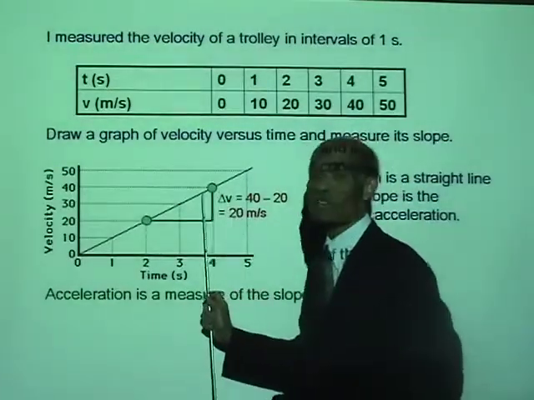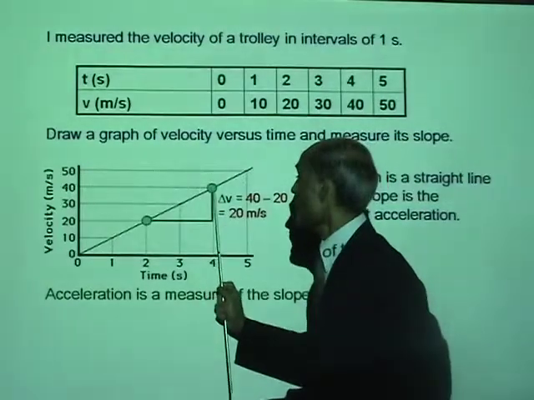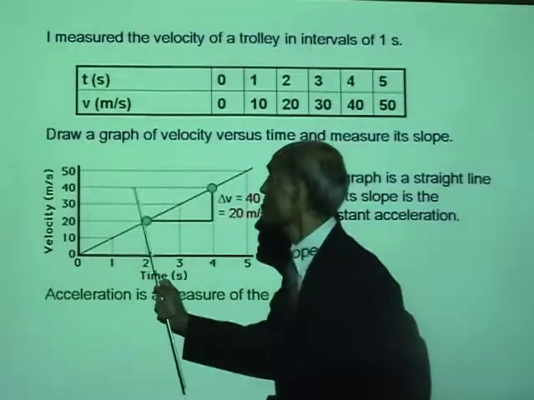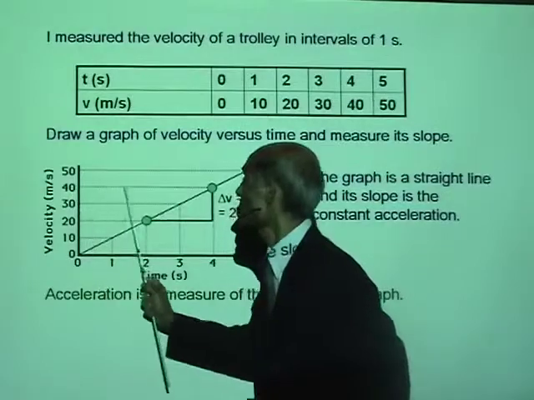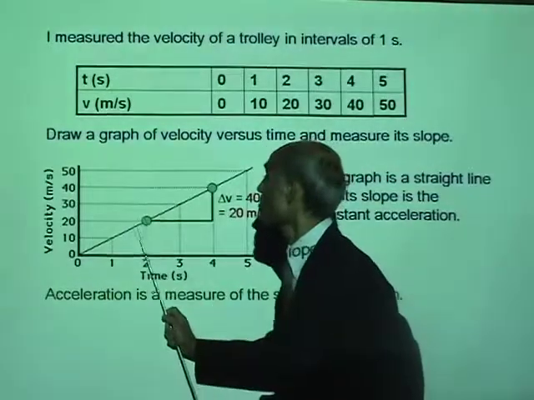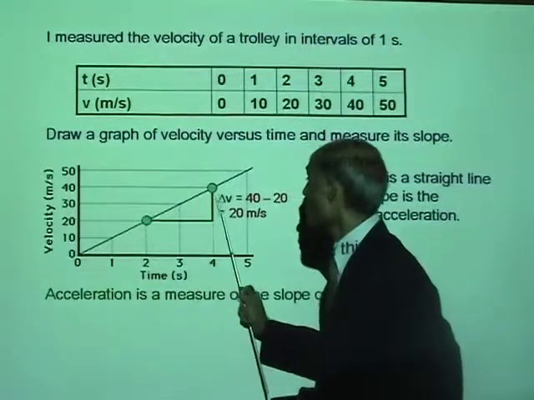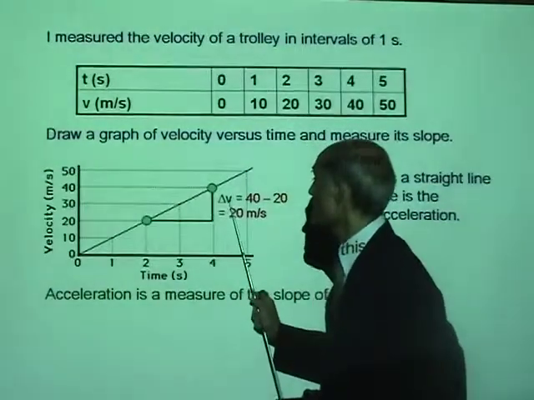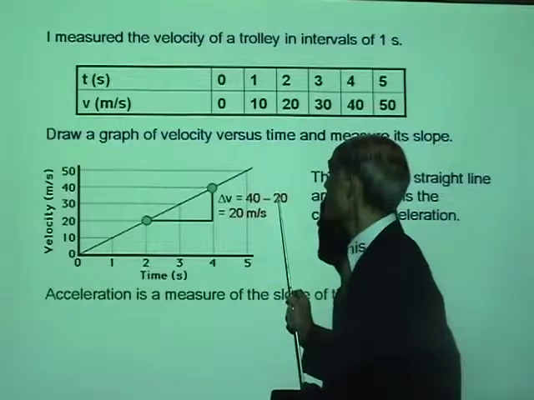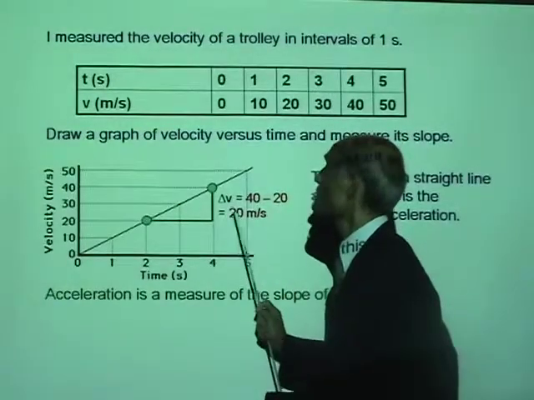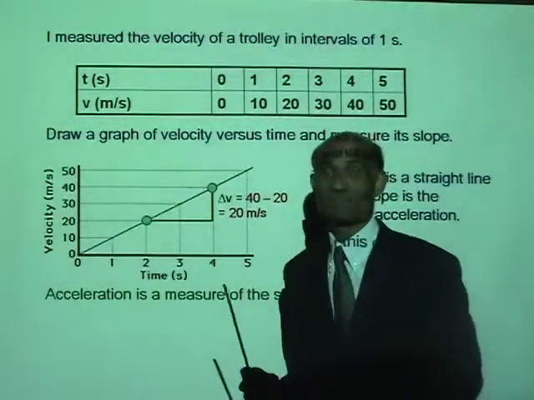How did I get the change in velocity? Look at this. At this point, the velocity is 40 meters per second, and on our first point, the velocity is 20 meters per second. Therefore, the change in velocity, delta v, is 40 minus 20. That is 20 meters per second.